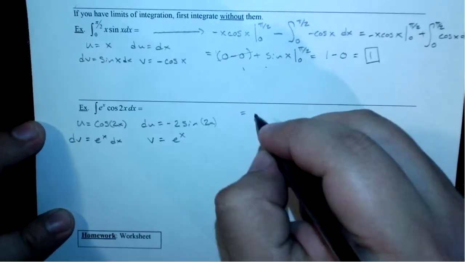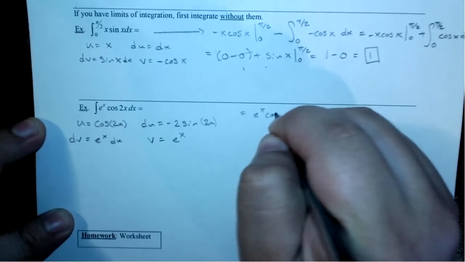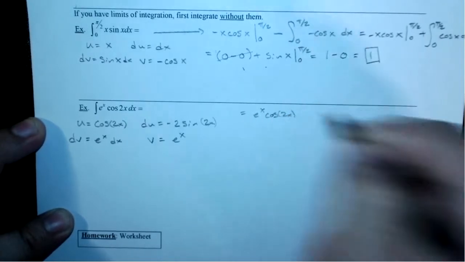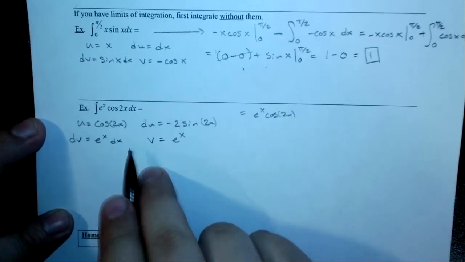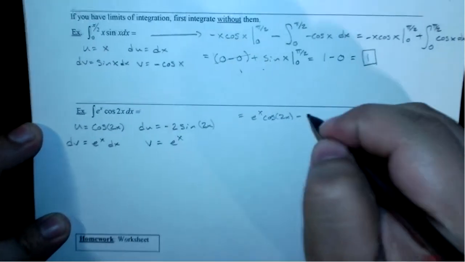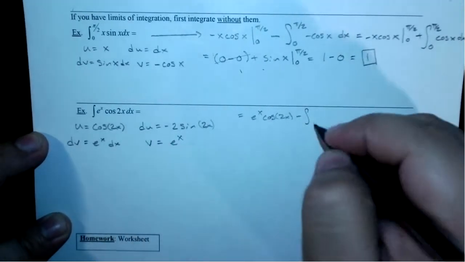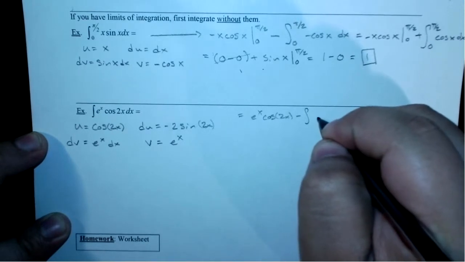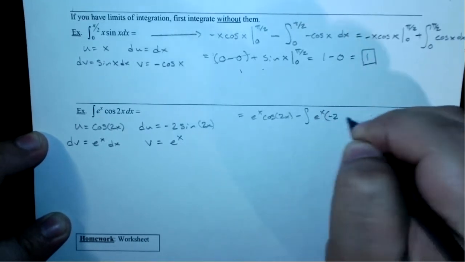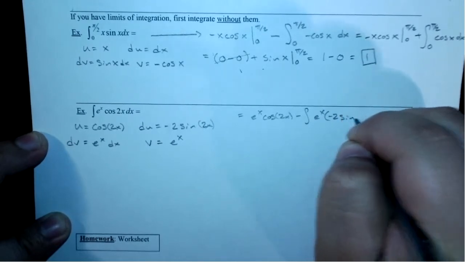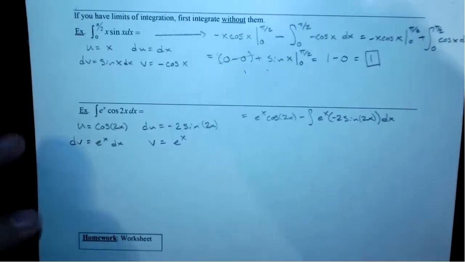We're going to say u times v, so e to the x cosine of 2x, minus the integral of v du, so e to the x times negative 2 sine of 2x dx.